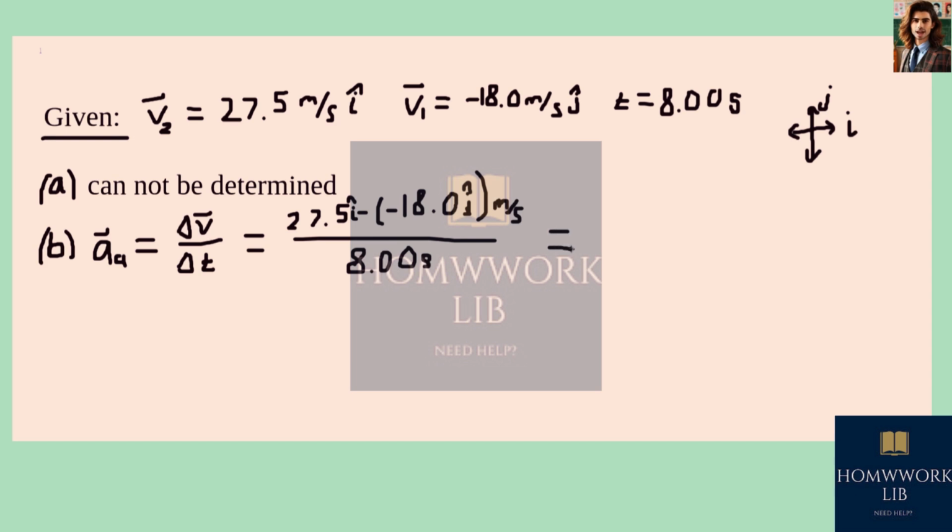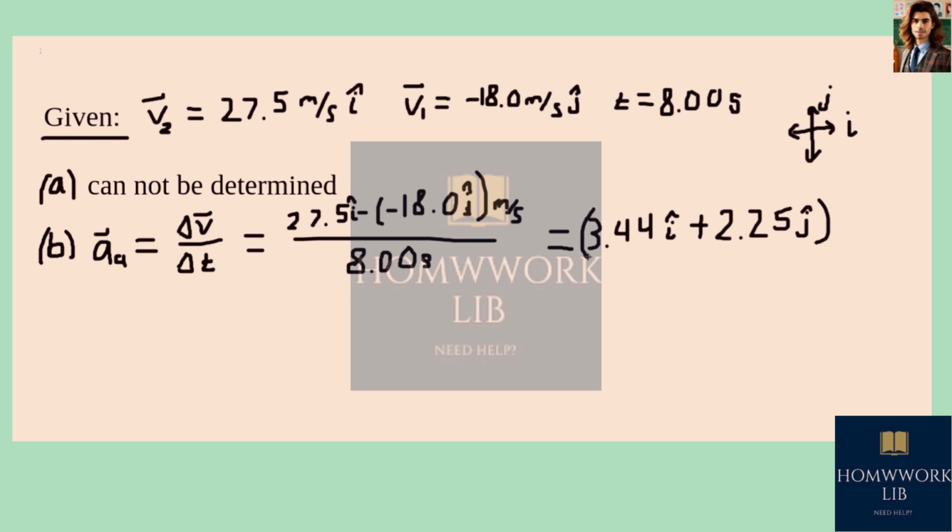If you carry this out, you'll find that 27.5 divided by 8 is 3.44, so that's 3.44 in the I hat direction, plus minus 18, which is plus 18, divided by 8, 2.25, in the J hat direction.